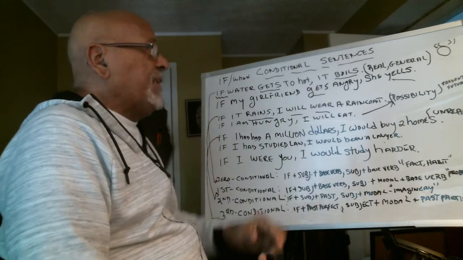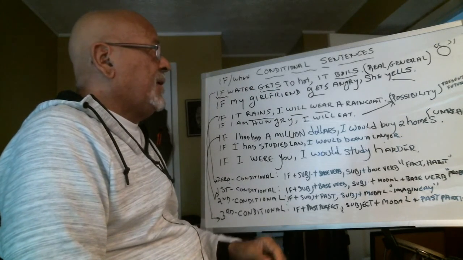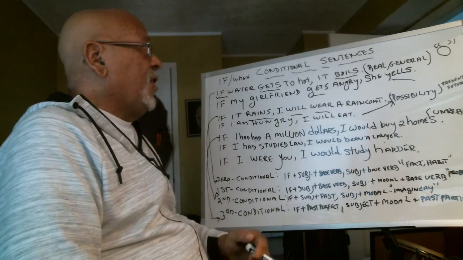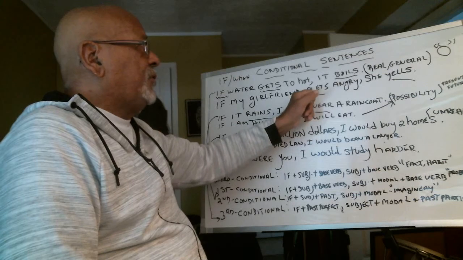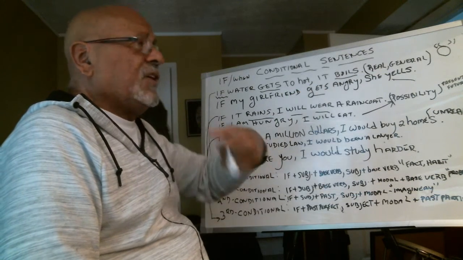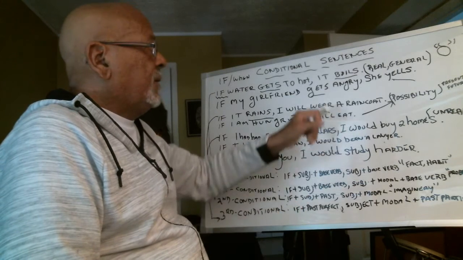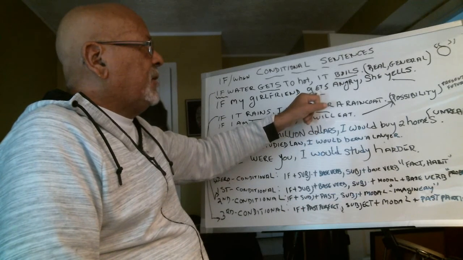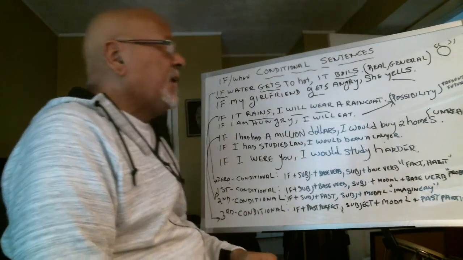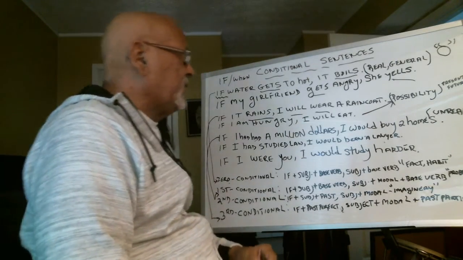If my girlfriend gets angry, she yells. So again, this is the general truth. Gets is in the present tense, and yells is in the present tense.